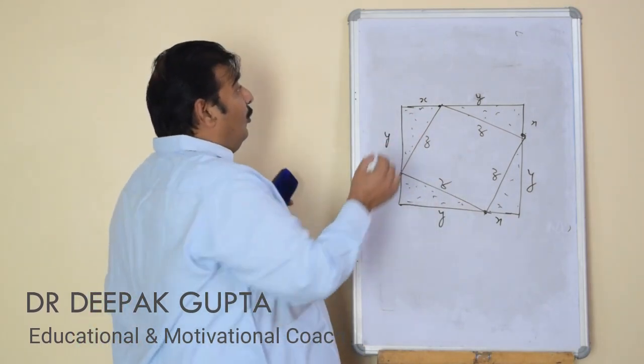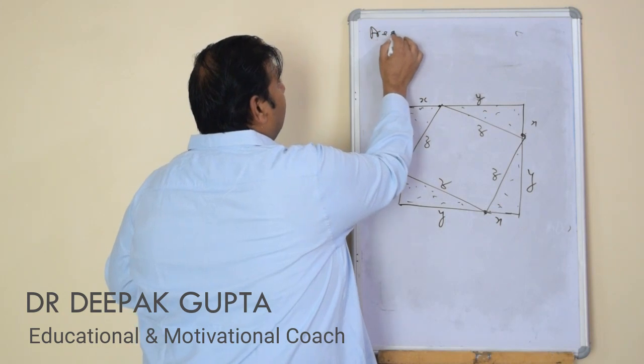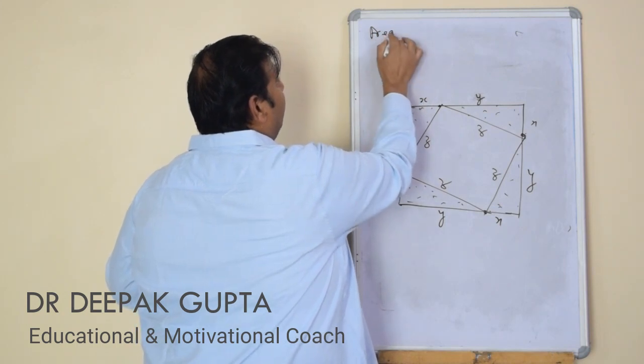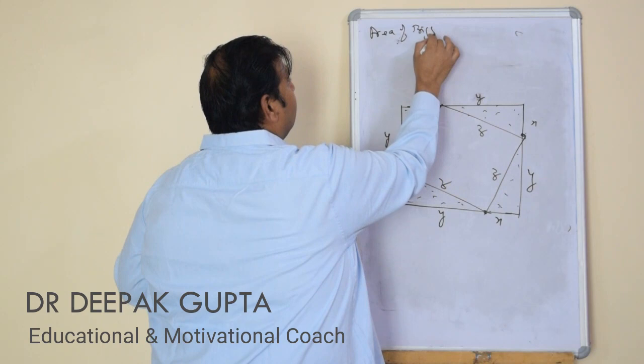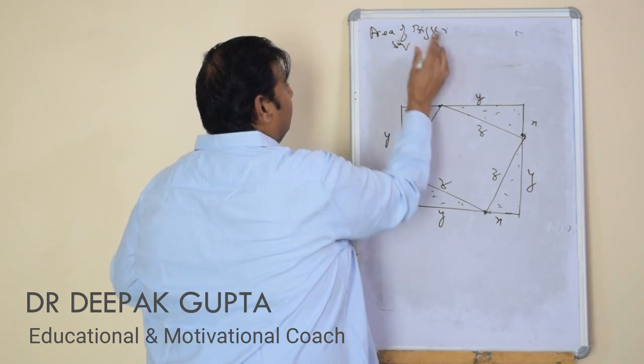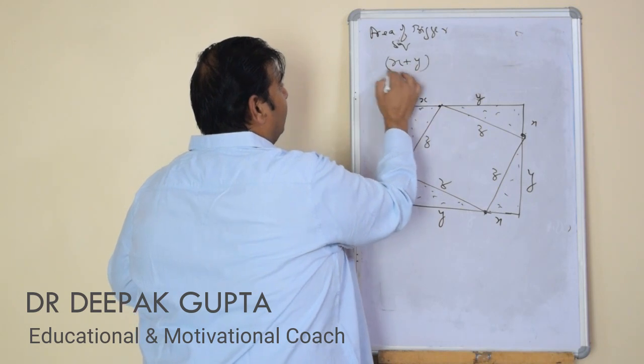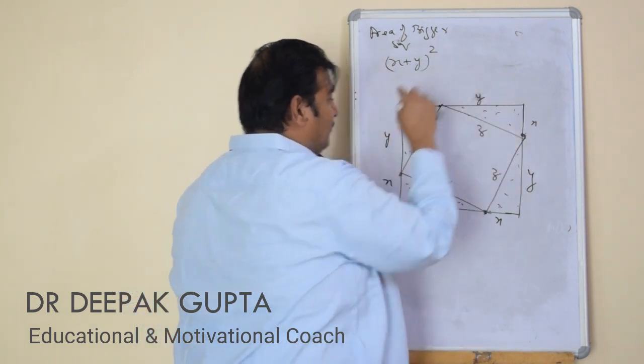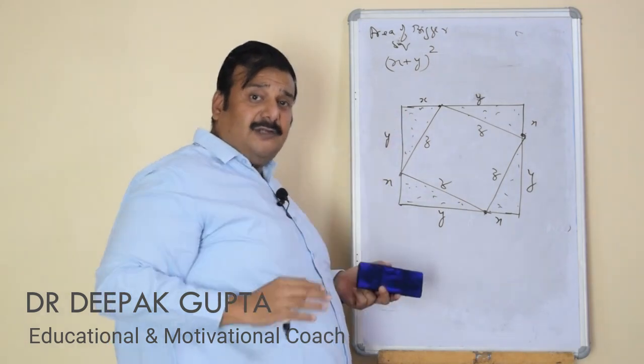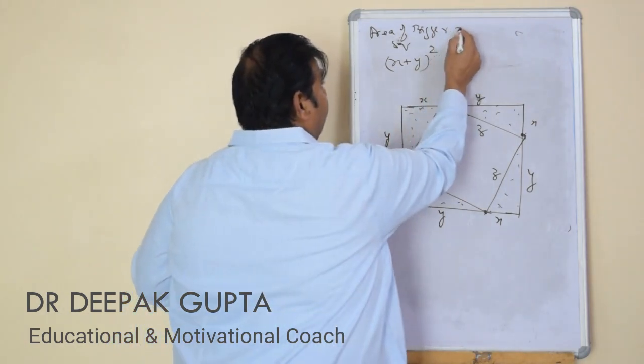Now, the area of the bigger square, how much? You can very well say x plus y whole square, because this side is x plus y, this side is x plus y, side into side, x plus y whole square. This is the area of the bigger square.